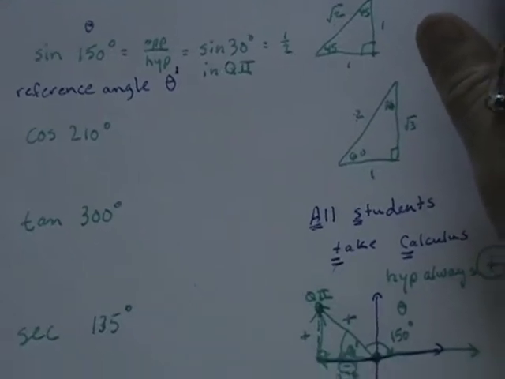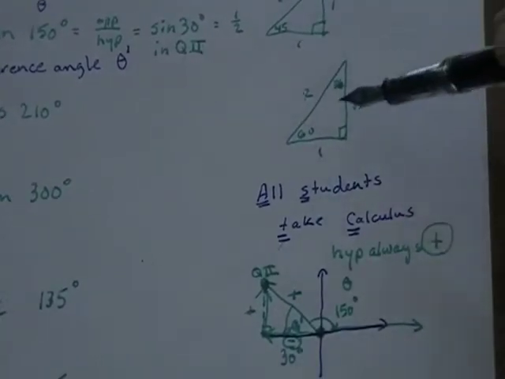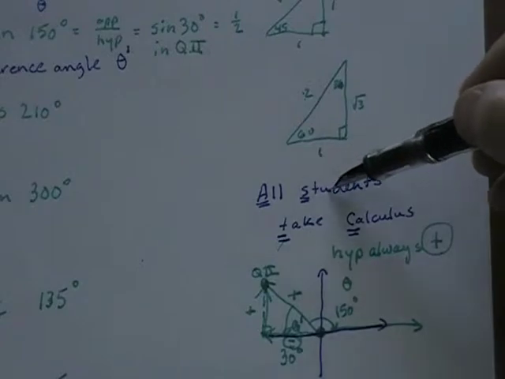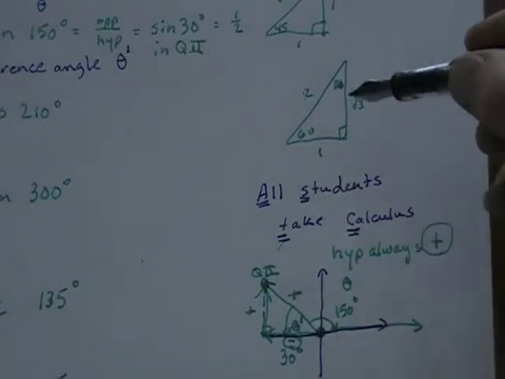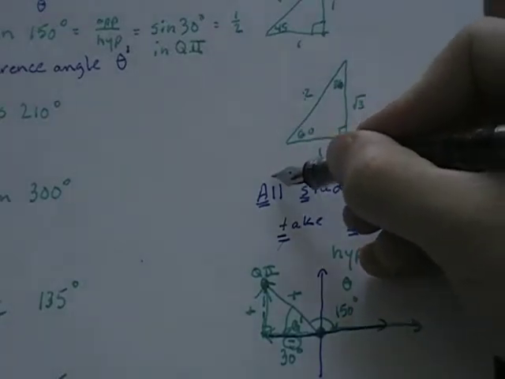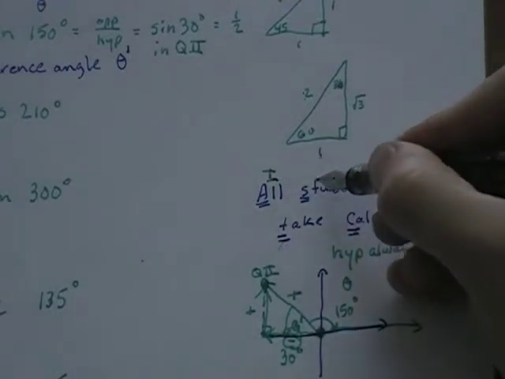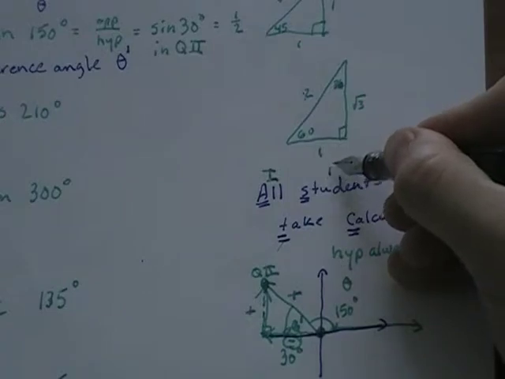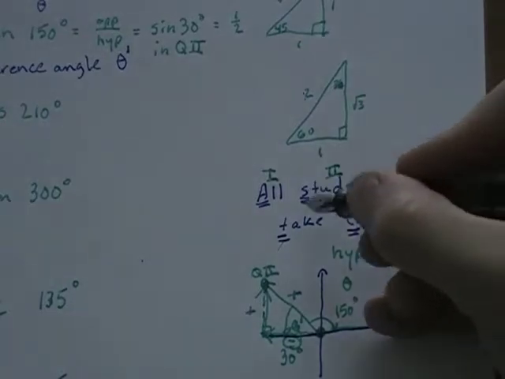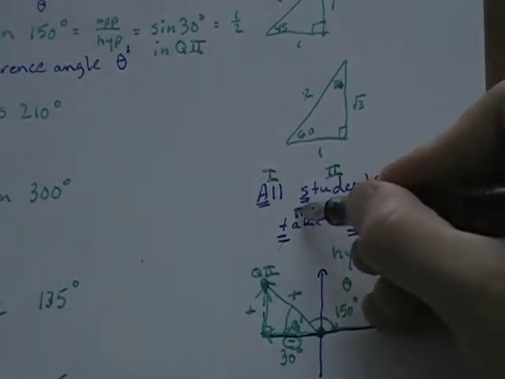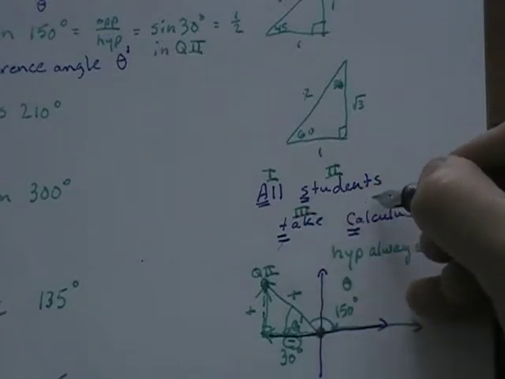Okay? Now, there's a quicker way to learn this. There's a mnemonic. All students take calculus. Now, what this means is all trig functions are positive in quadrant 1. Sine is positive in quadrant 2. Tangent is positive in quadrant 3. And cosine is positive in quadrant 4.